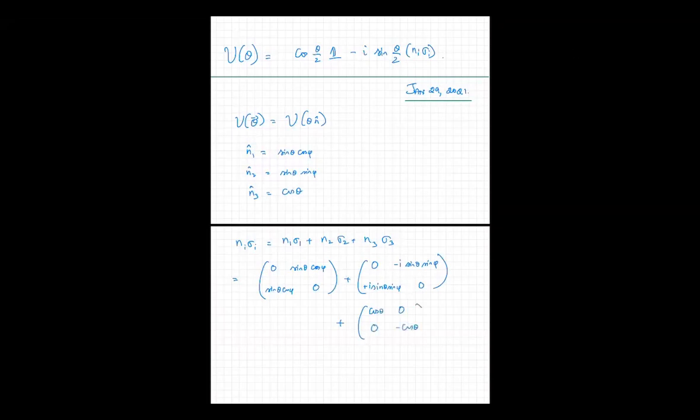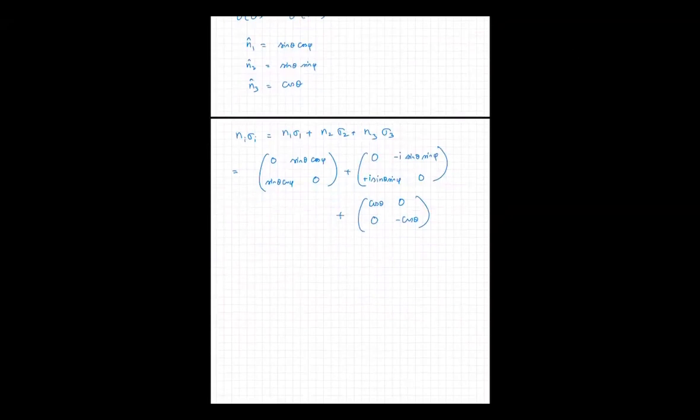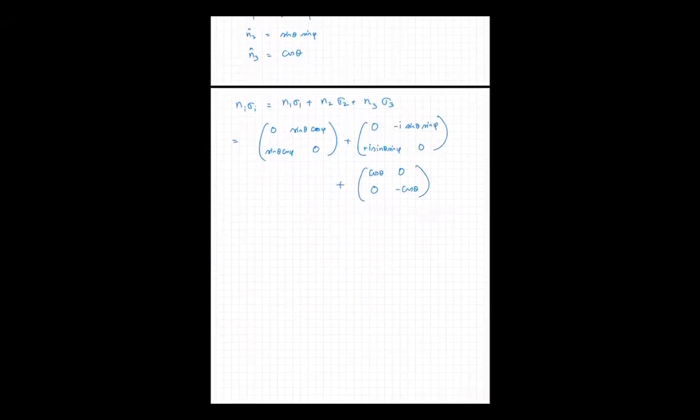So this matrix Ni sigma I with this parameterization can be written in a nice form. This is equal to cosine theta, and then the 1, 2 entry, sine theta cosine phi minus I sine theta sine phi, which I can write as sine theta e to the minus I phi. Here I can write sine theta e to the plus I phi, and this is minus cosine theta.